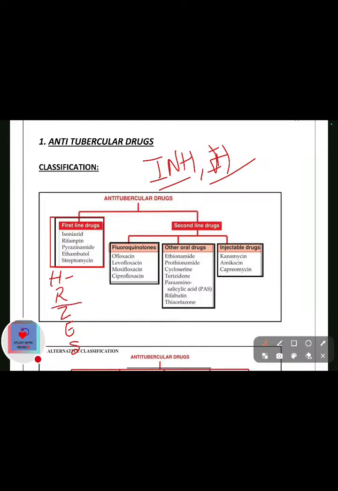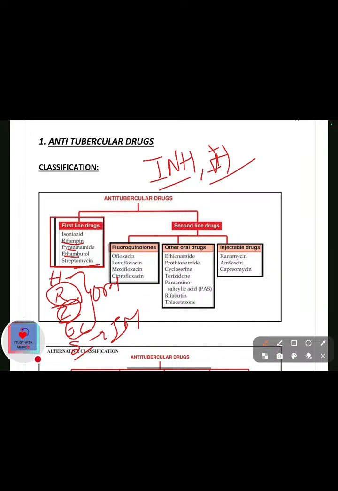The other drug is rifampicin, rifampin, R, and pyrazinamide as Z. Ethambutol as E, and streptomycin as S. But among these first line drugs, the HRZE are oral, whereas streptomycin is given as an IM injection.